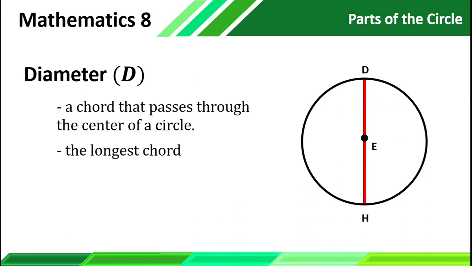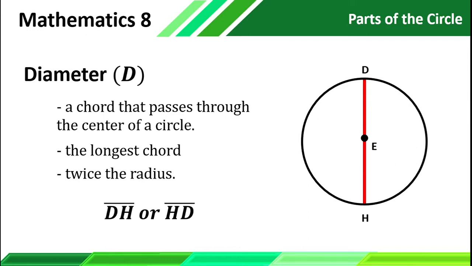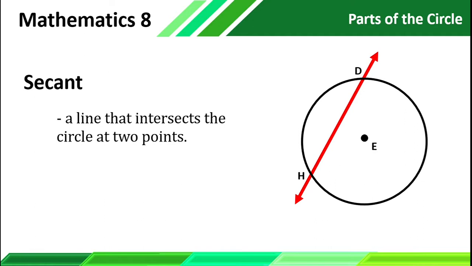Another, diameter is the longest chord, and it is twice the radius. So in this given, our diameter is segment DH or segment HD. So if our radius is 2 cm, automatically our diameter is 4 cm because it is twice the radius. It is considered the longest chord because it passes through the center of our circle.